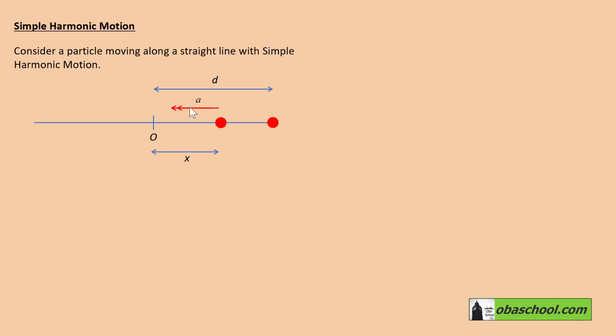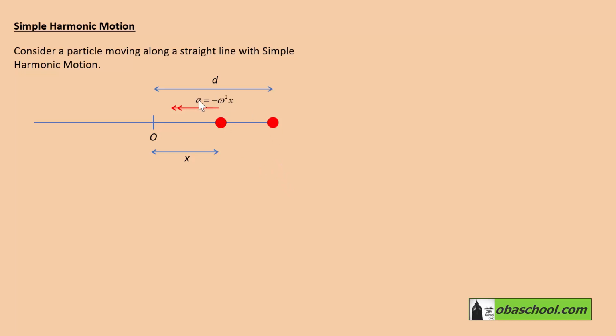The particle will accelerate towards the center. So when it's to the right as shown, it will accelerate to the left, and if it were over here, it would accelerate to the right. The acceleration is always towards this central position.